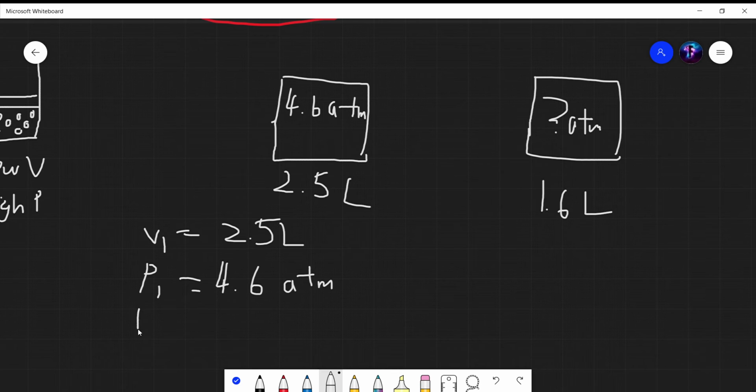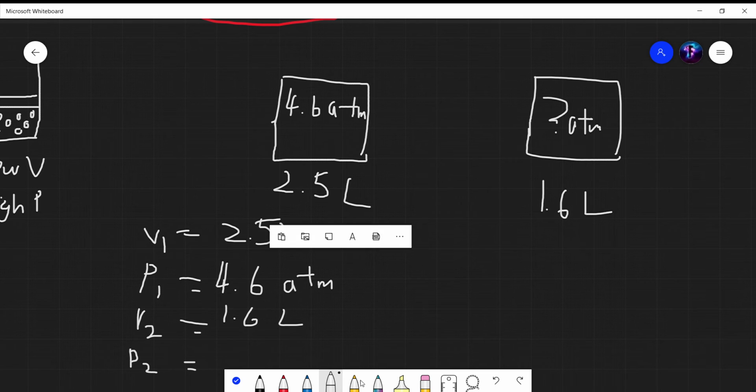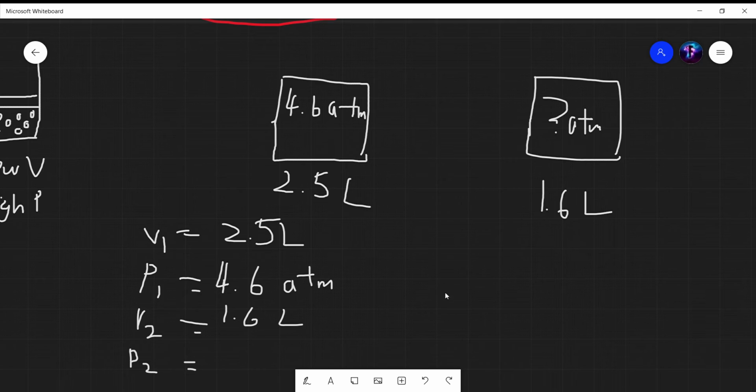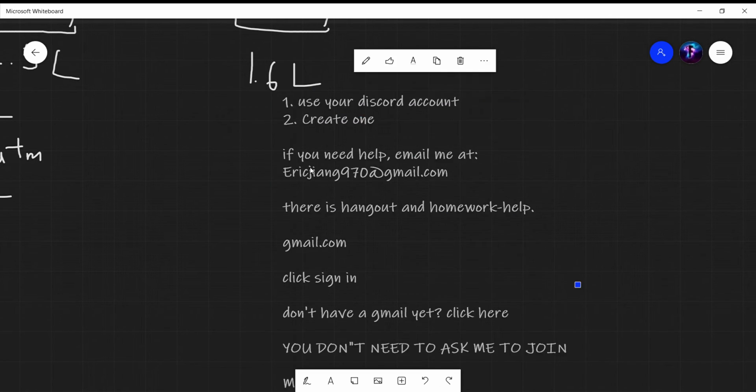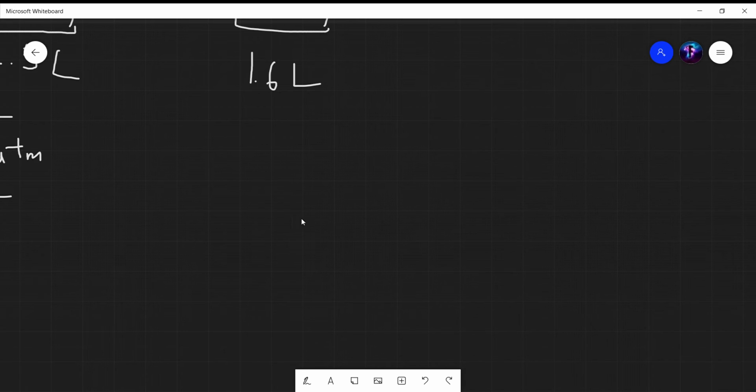Next is V2, which is right here, 1.6 liters. P2 equals, that's the one we're finding, so we don't know it yet, so I'm gonna leave it blank for now. Let me delete this.